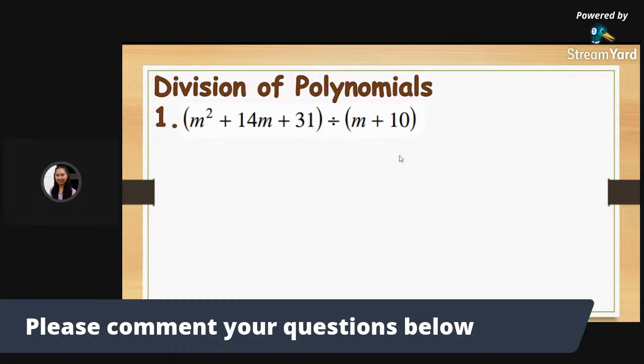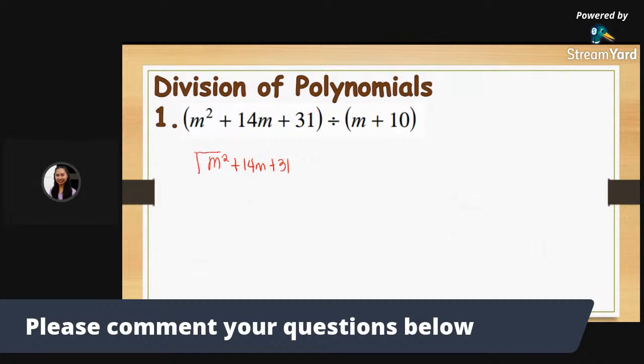Okay, so let's have here the example in division of polynomials. We have m squared plus 14m plus 31 divided by m plus 10. So let's arrange that. When using long division, we can have m squared plus 14m plus 31.